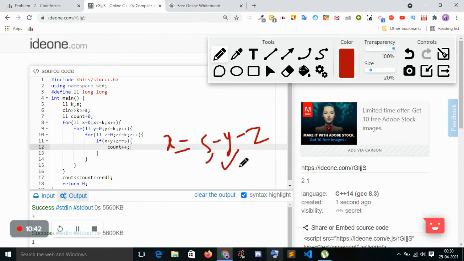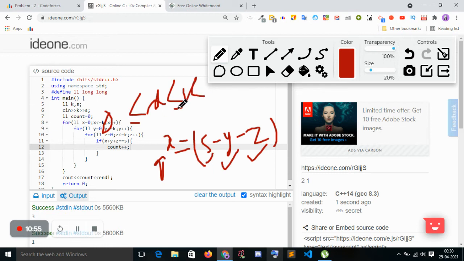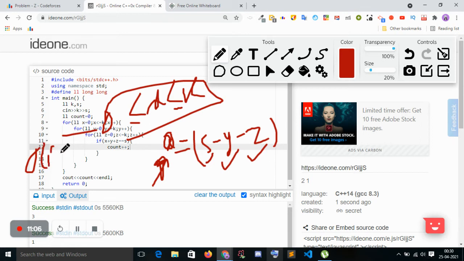I can make a loop for y and a loop for z, and whatever the numbers are, I will check whether x is in this range or not. If it is in range, I will do count plus plus. Right now I am not making a loop for x, I am just checking this condition, which is only a constant operation, O(1), and we get loops only for y and z.